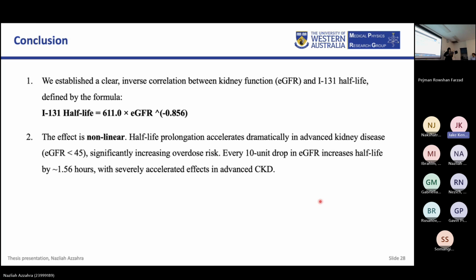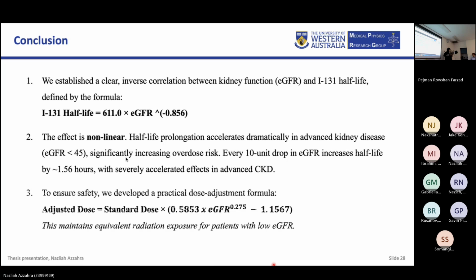The most important one is this effect is not linear. And finally, to address this issue, we developed a dose adjustment formula, which allows us to individualize dosing based on the kidney function.